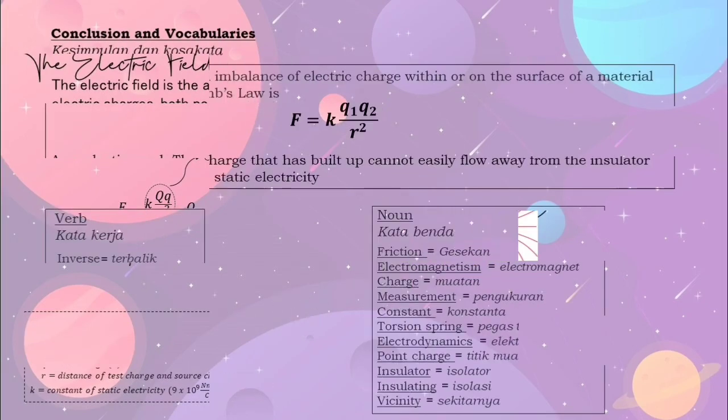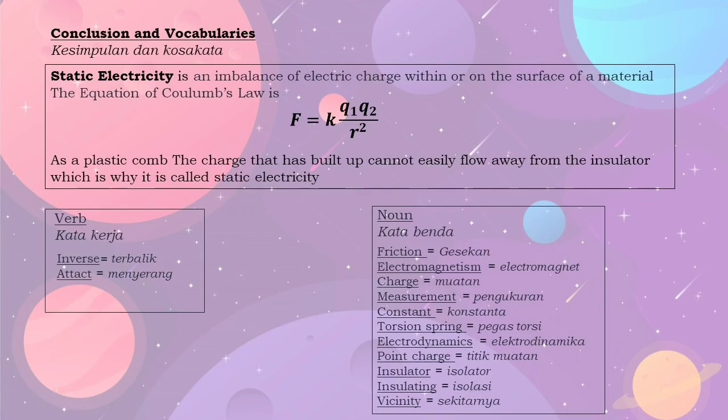For the last, the conclusion and vocabularies of static electricity. For the conclusion, static electricity is an imbalance of electric charge within or on the surface of a material, and the equation of Coulomb's law is F equals k Q1 Q2 per R squared.